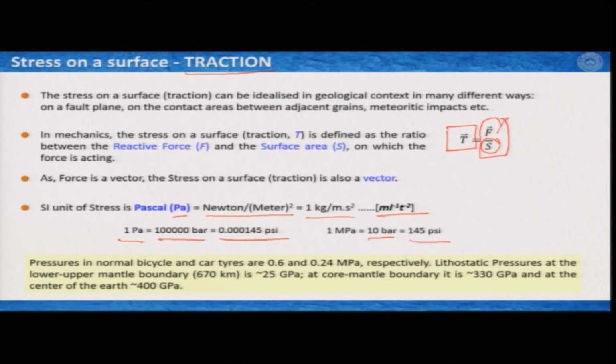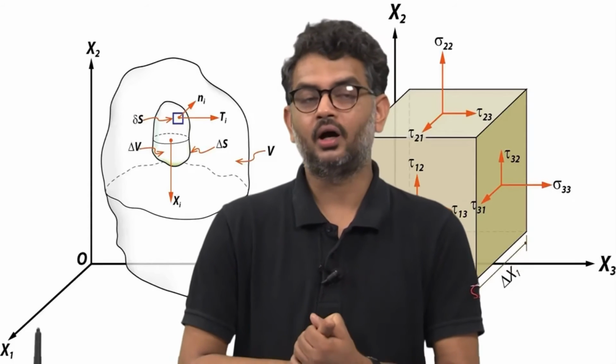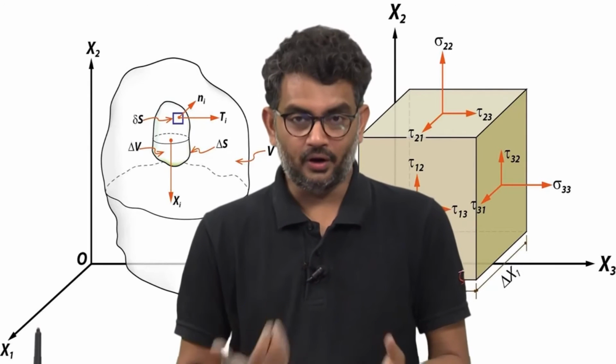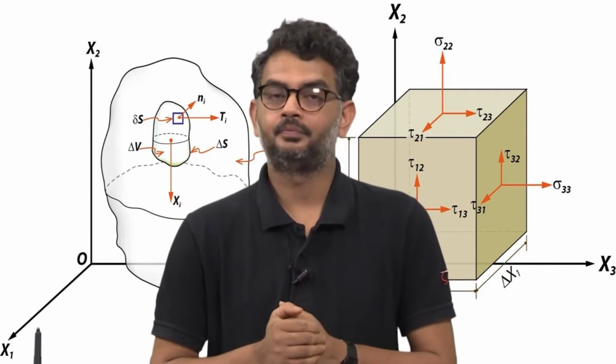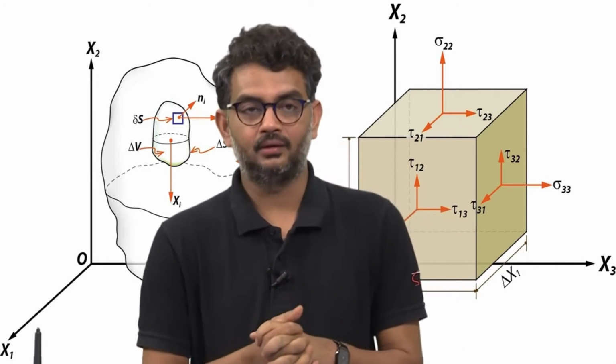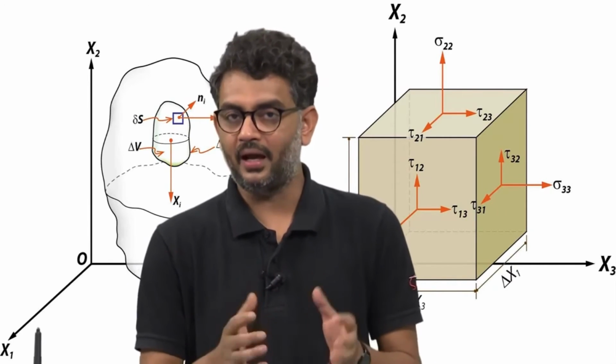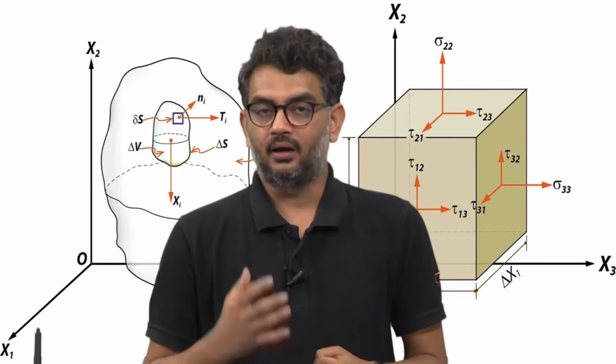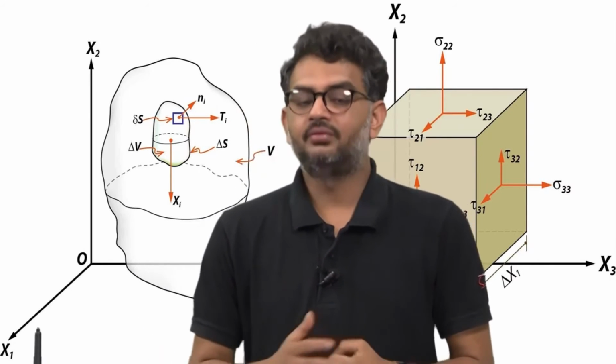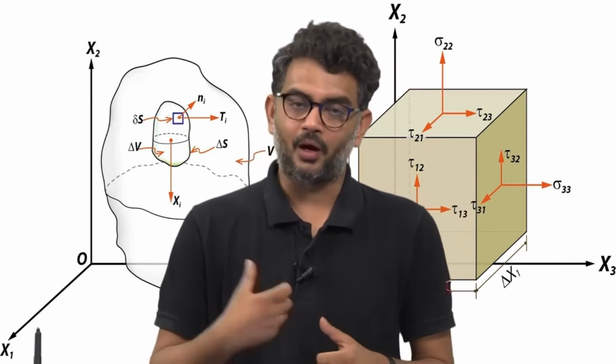Now, what is 1 Pascal or 1 megapascal, how much is it? I will give you an idea, or it is written here, you can read. The normal bicycle that we ride every day has some pressure in its tire, so you have to pump it.